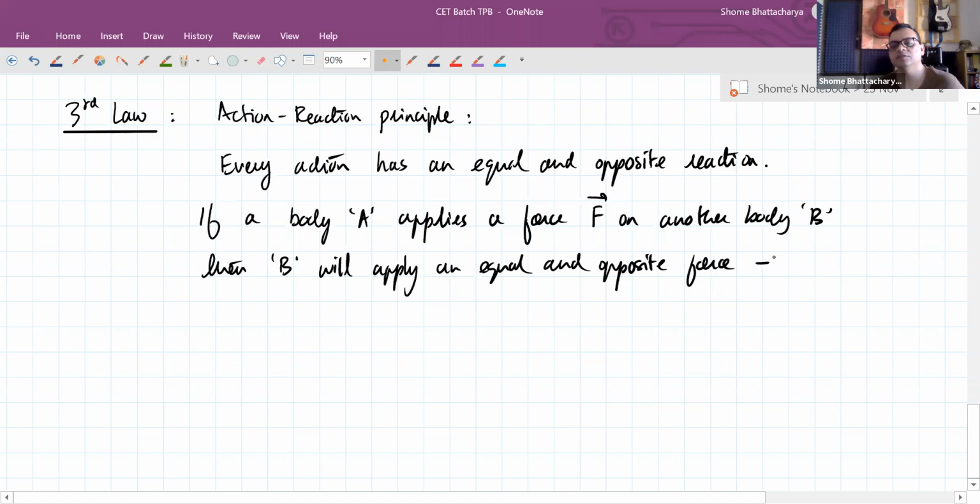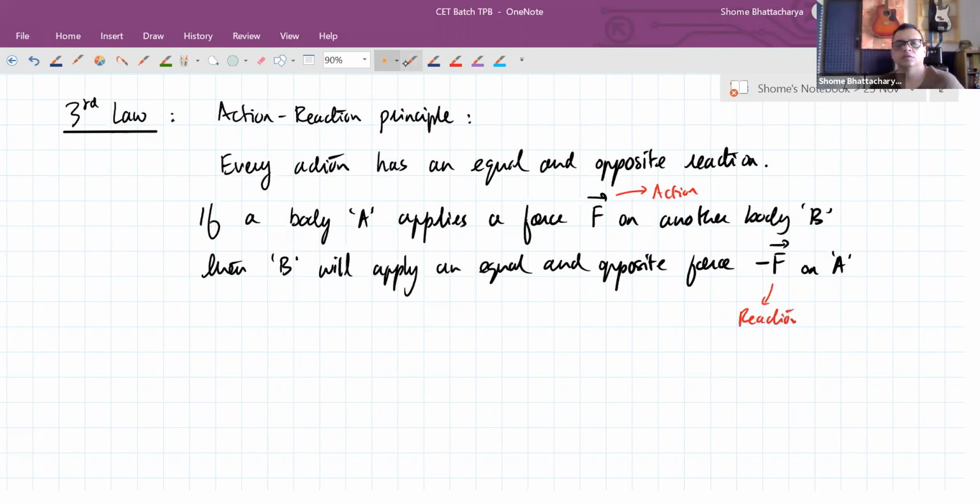So in vector language, you will write that as minus F because the direction is opposite but the magnitude is the same, on A. Okay. So this force F acts like, let's say, the action. So what B is applying on A, that becomes the reaction.